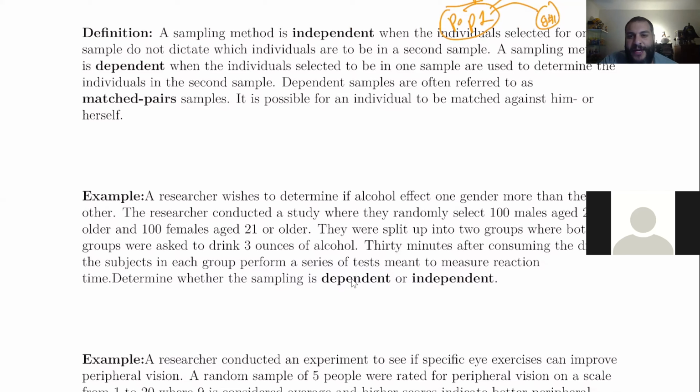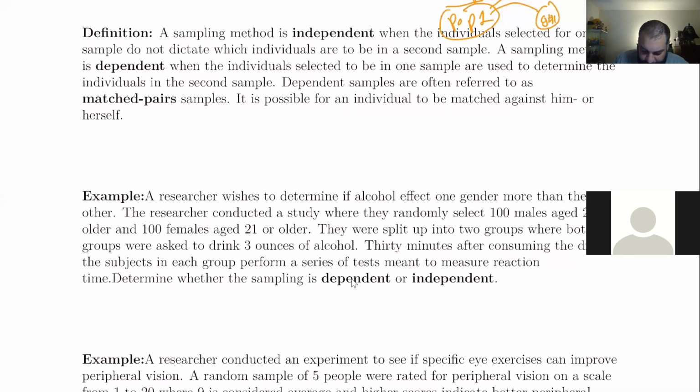They were split into two groups, and both groups were asked to drink 3 ounces of alcohol. 30 minutes after consuming the drink, the subjects in each group performed a series of tests meant to measure reaction time. So we want to determine if this is dependent or independent.